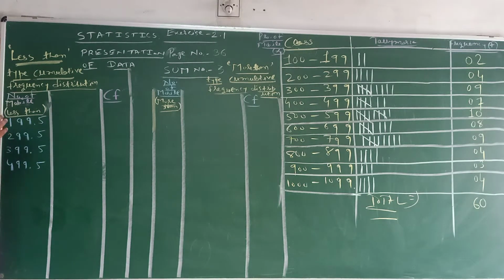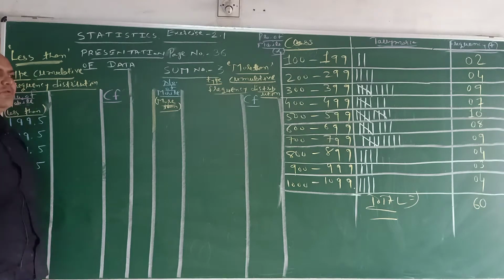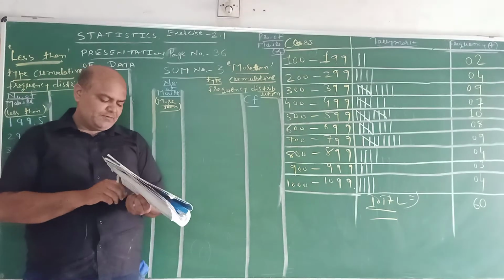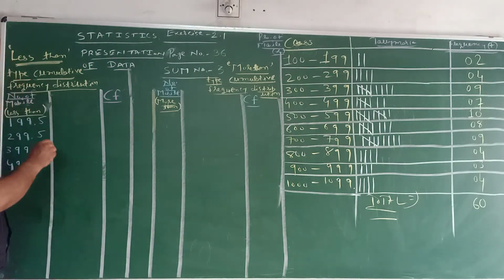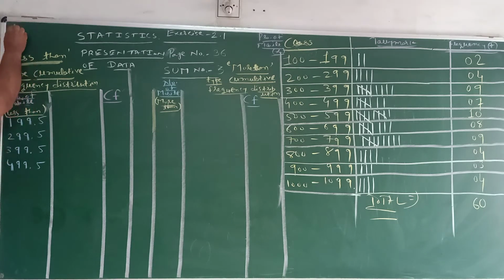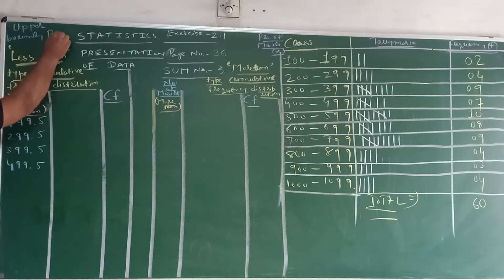Now the question arises, sir, what is the requirement to prepare the less than type cumulative frequency distribution? For less than type, we require upper boundary point.